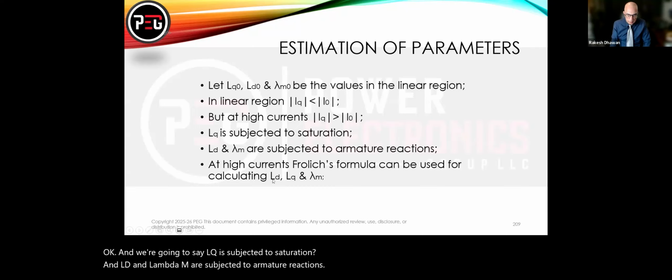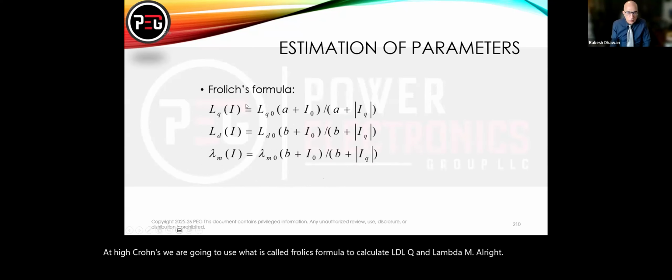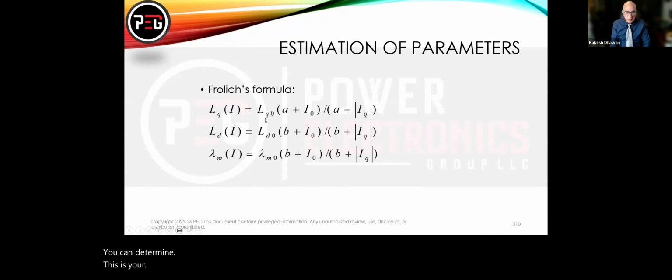At high currents, we are going to use what is called Frölich's formula to calculate LD, LQ, and lambda M, all right? This is the Frölich's formula, which says that you can determine LQ in a linear zone, and this is the current level where you're maintaining the linear zone, right?